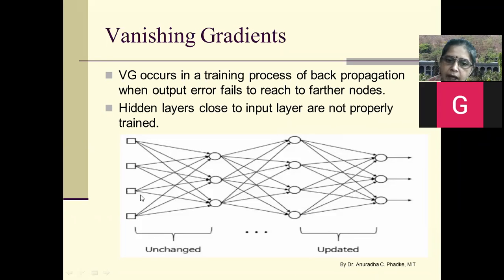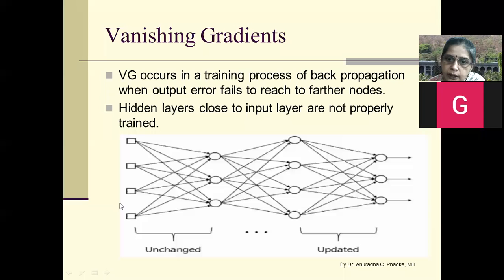When the gradient becomes 0, your del W becomes 0. So for the layers closer to the input layer, there won't be any weight updation, because the change in weight is directly proportional to the derivative or gradient. So if your gradient becomes 0, there won't be any weight updation at these layers closer to your input layer.